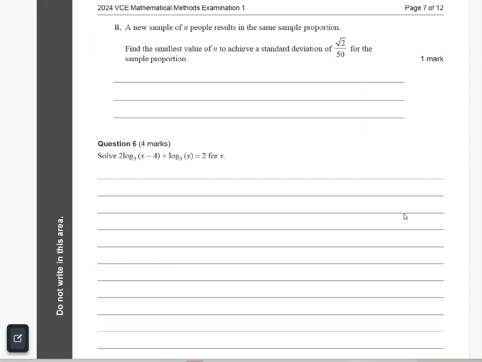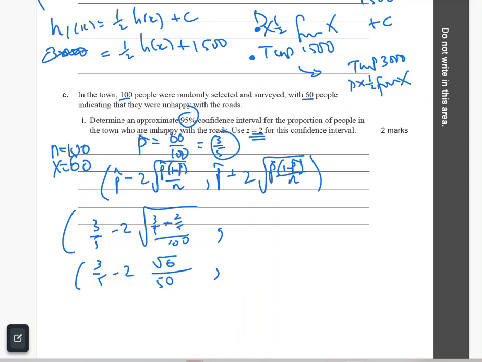And it's then going to be 3/5 minus root 6 on 25 to 3/5 plus root 6 on 25.